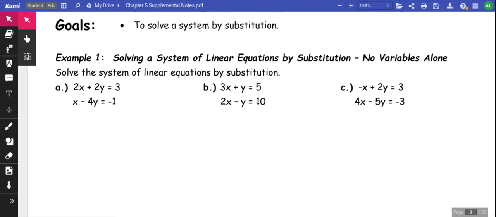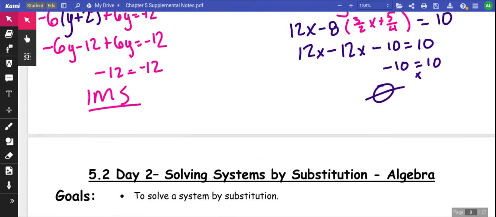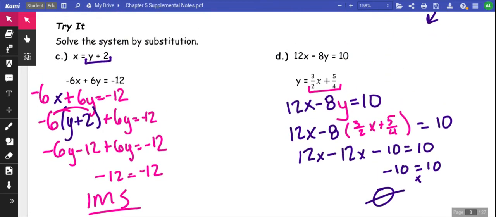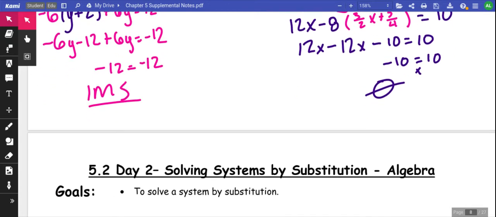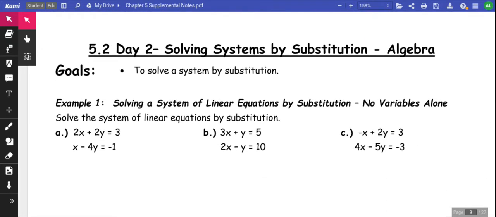Sometimes we are not going to have our system set up like we have just right here, where we have x equals something or y equals something. We're going to have to kind of shuffle some things around in order to get to that point, right?